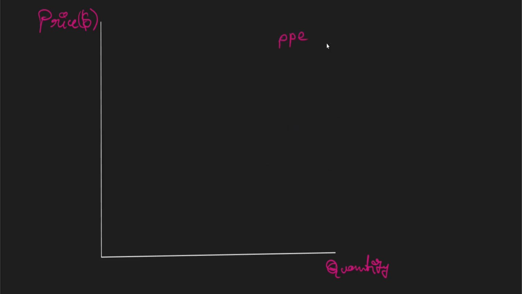Now, perfectly price inelastic would look something like this. So, regardless of the change in price, your quantity demanded is always the same. Now, unitary elasticity is a little tricky to draw. It looks something like this. So, how this works is the total area that this point falls under should equal the total area that any point falls under.